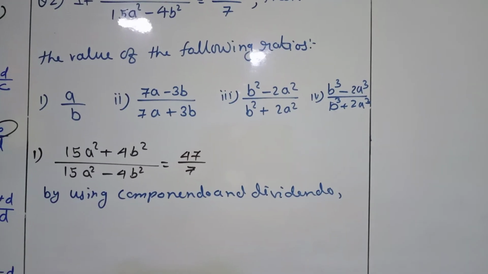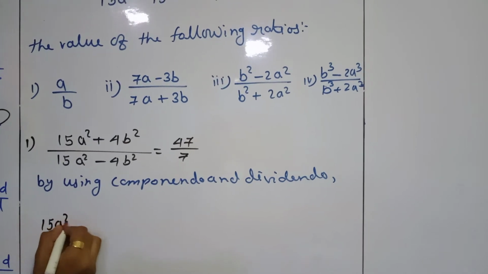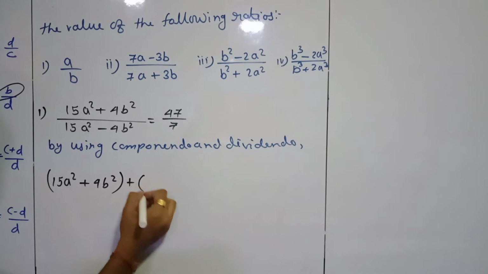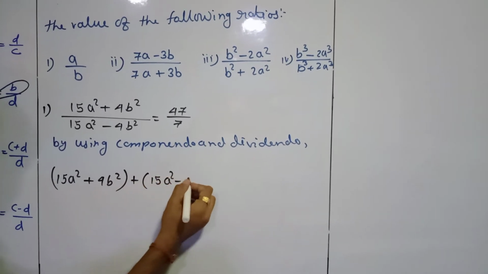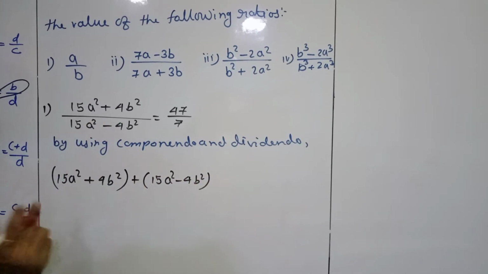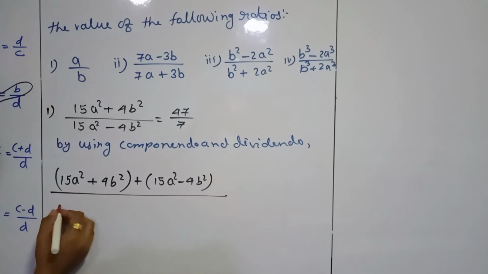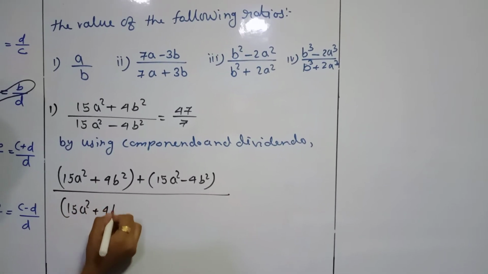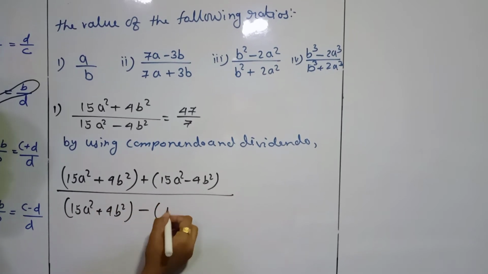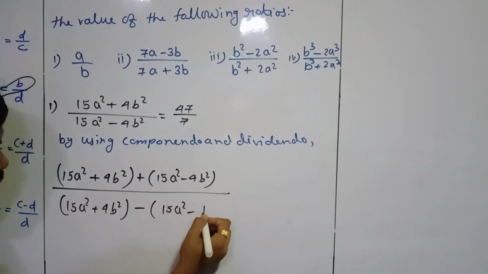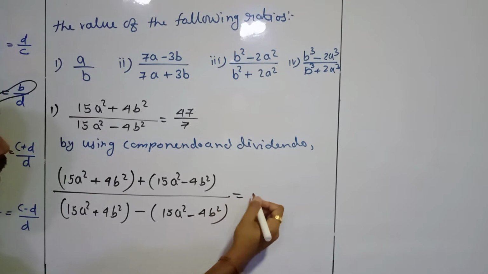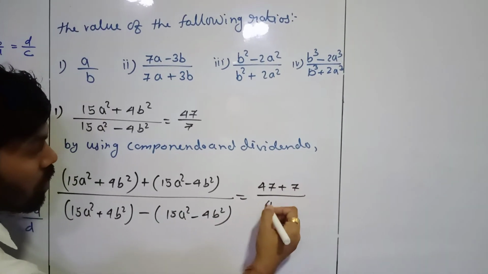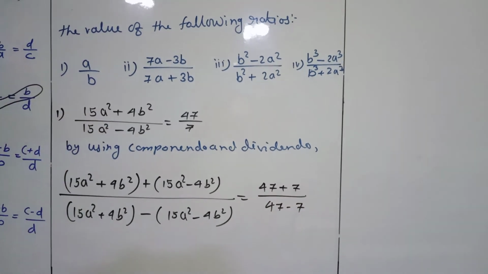15a square plus 4b square in bracket plus 15a square minus 4b square. What we have in the denominator? In the numerator and in the denominator, 15a square plus 4b square minus 15a square minus 4b square, and on the right hand side 47 plus 7, 47 minus 7.